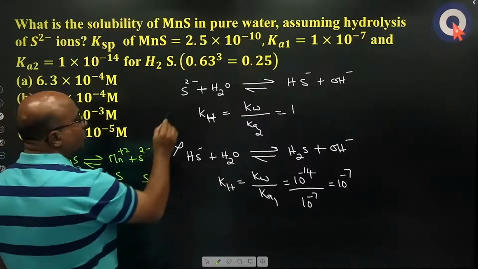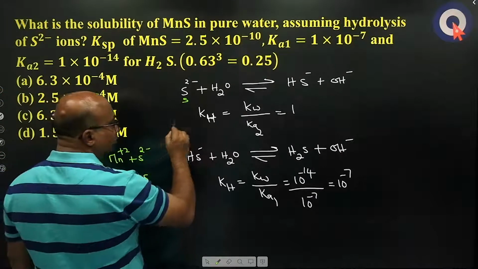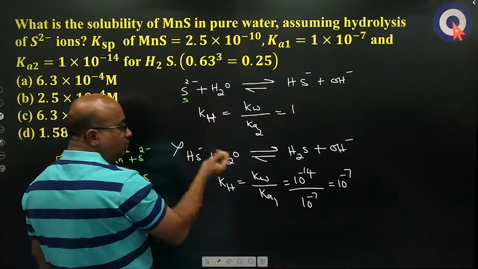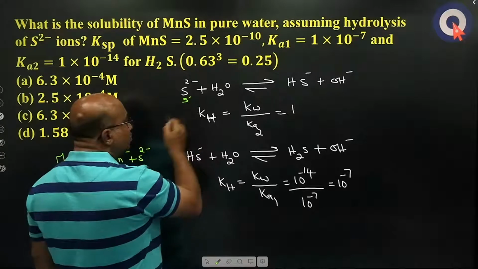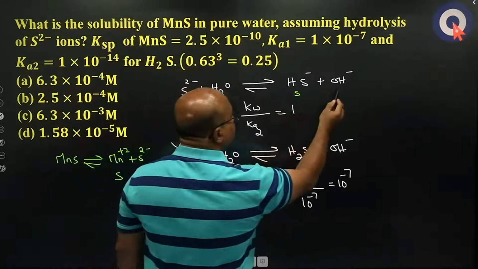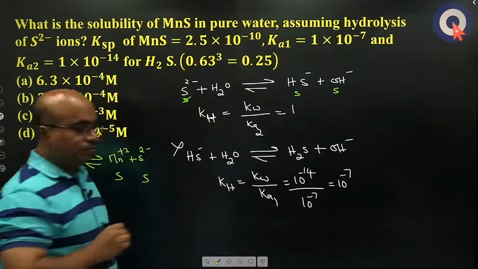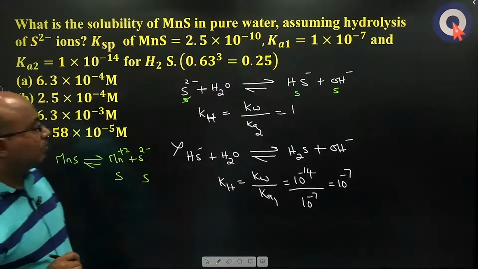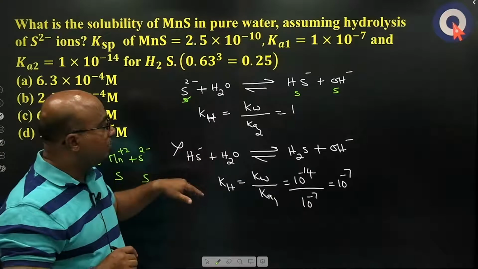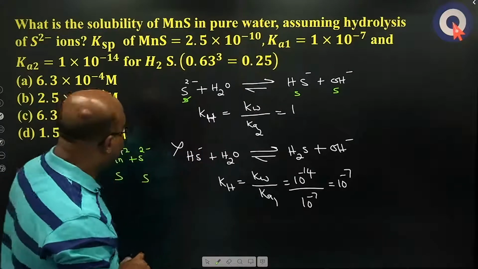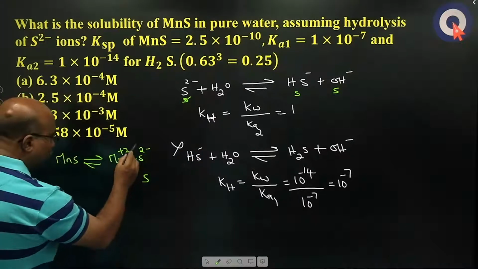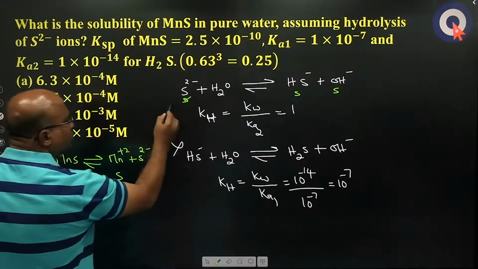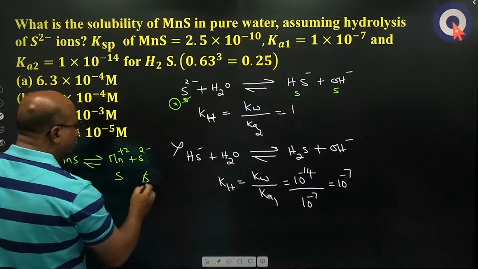So if S moles of this is coming here, since the equilibrium constant is 1 or a higher value as we compare to the second, this will convert into S and S. So we consider that the concentration of S2 minus also becomes some X value, because it maintains. So this is your X.